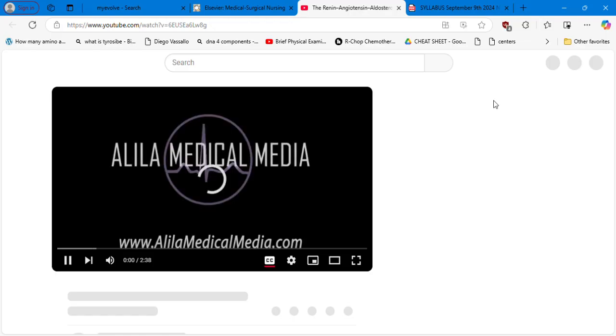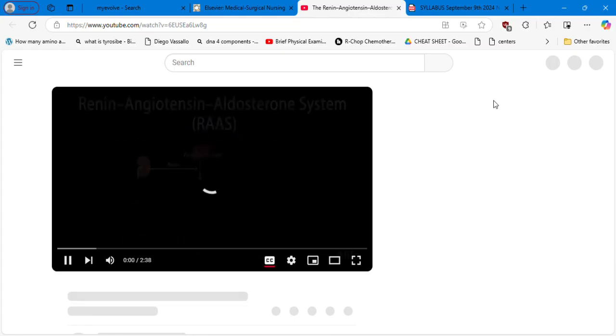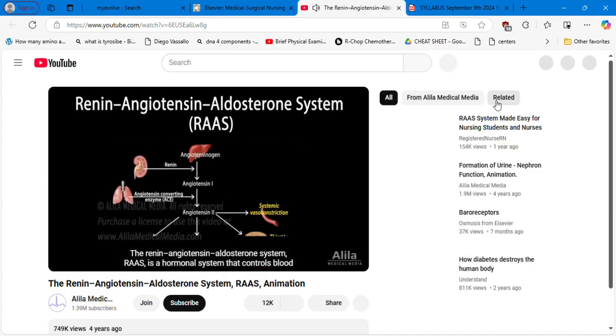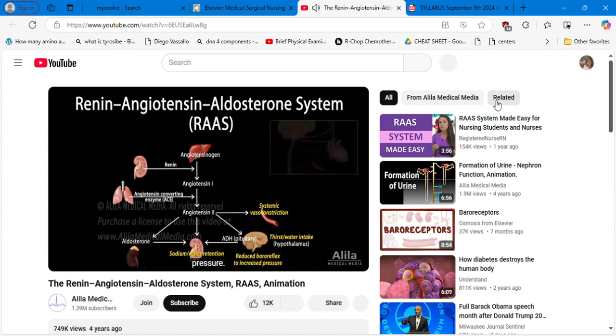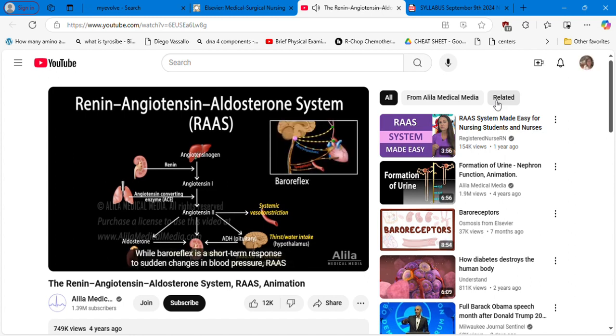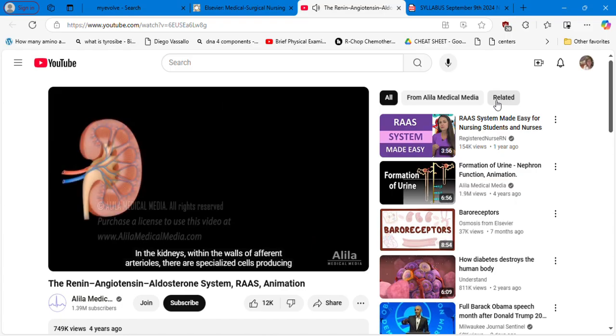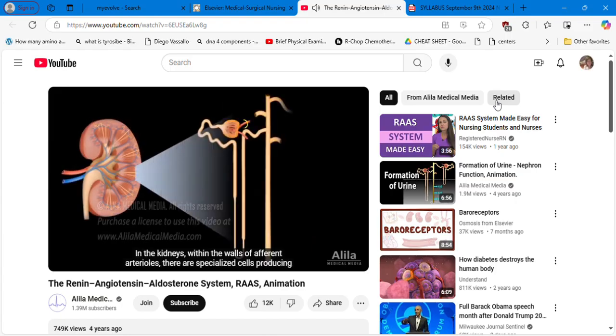Okay, here we go. The renin-angiotensin-aldosterone system, RAS, is a hormonal system that controls blood pressure. While baroreflex is a short-term response to sudden changes in blood pressure, RAS is responsible for long-term regulation. In the kidneys, within the walls of afferent arterioles, there are specialized cells producing prorenin called juxtaglomerular cells.